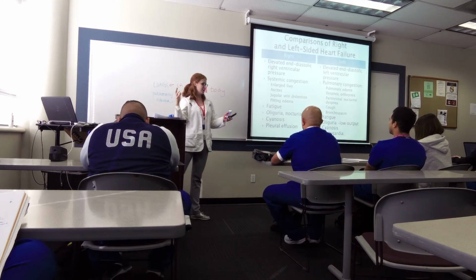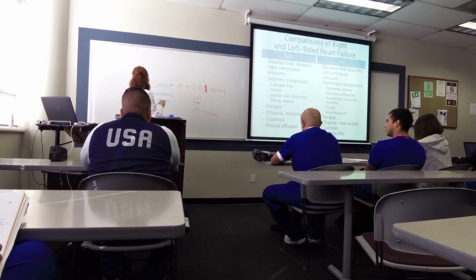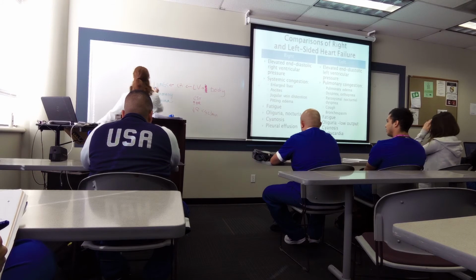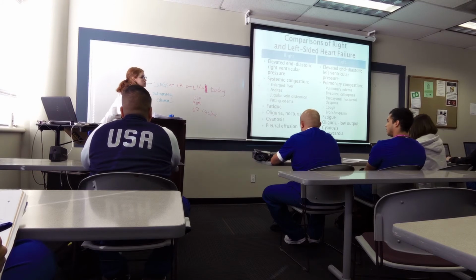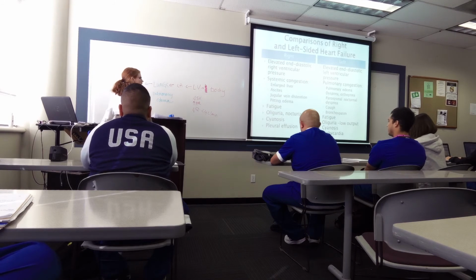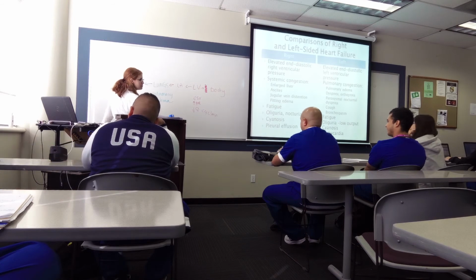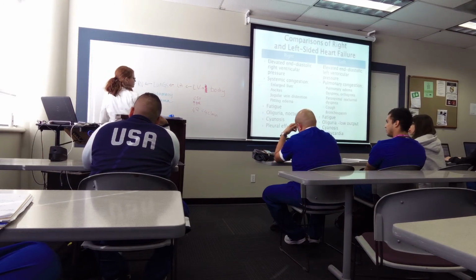Now the heart failure is going to get worse, and from the lungs, where is it going to back up into? The right ventricle, and now the right ventricle can't empty. Where is it going to back up into? Right atrium. Now the right atrium can't eject all of its blood. Where is it going to back up into?